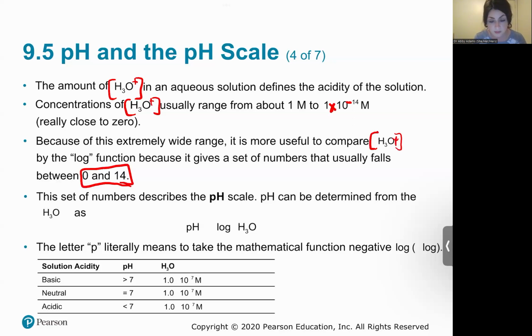So you remember the pH scale from 0 acidic to 14 basic. All right. And so those numbers are going to determine the pH scale, that scale that we looked at already in class. And so the pH then can be determined from that concentration of hydrogen ions.